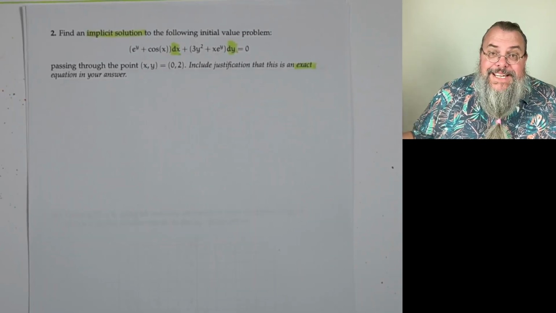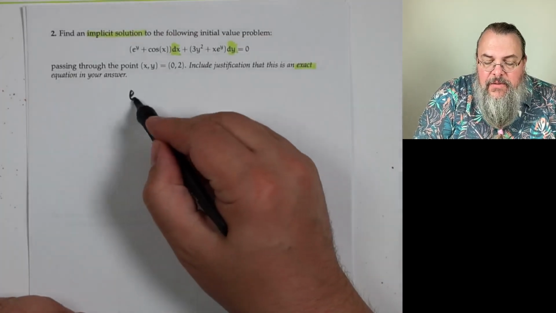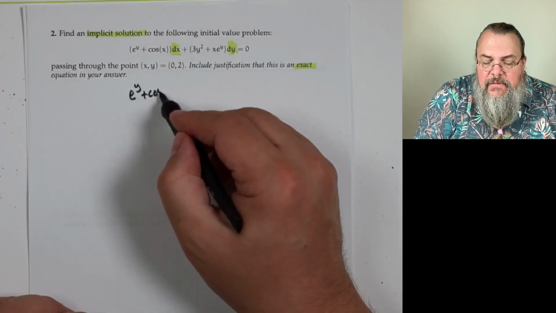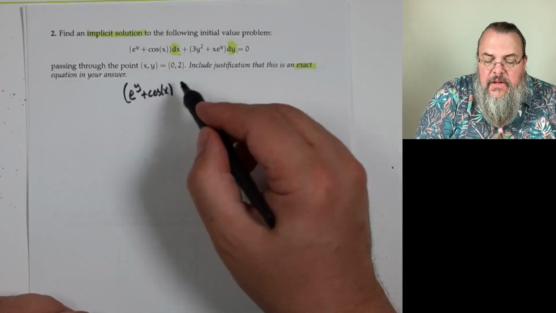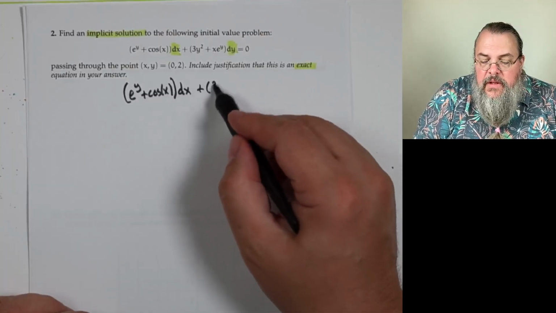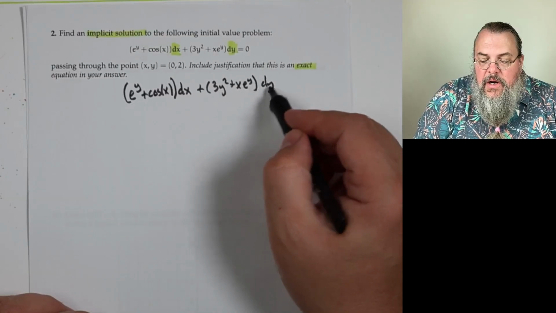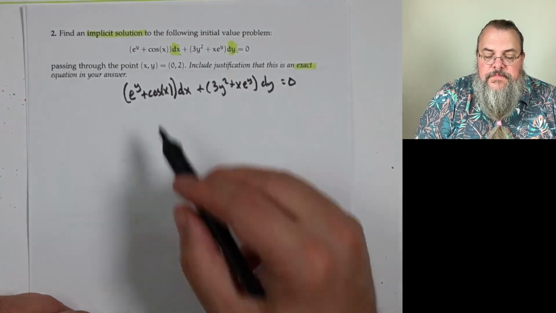So what does that mean? Well, what that's telling us is the following. It says that this has a very particular form. So we have e to the y plus cosine of x dx plus 3y squared plus x e to the y dy equals 0.